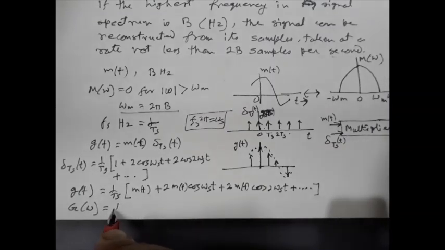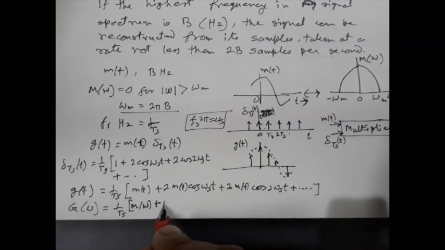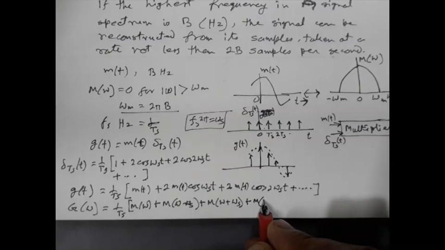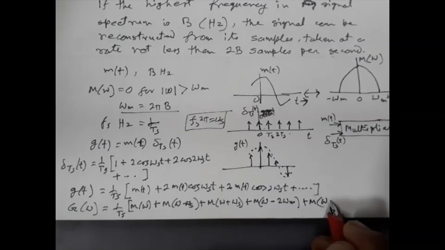That can be written as 1 by Ts into M(omega) plus M(omega minus omega s) plus M(omega plus omega s) plus M(omega minus 2 omega s) plus M(omega plus 2 omega s) plus so on.